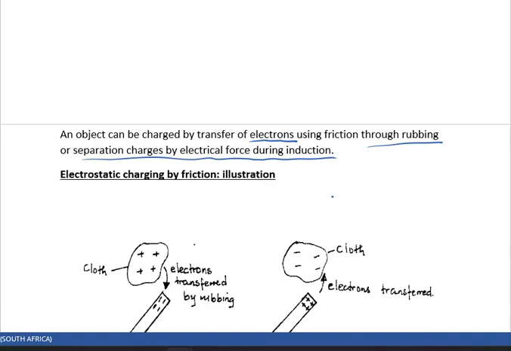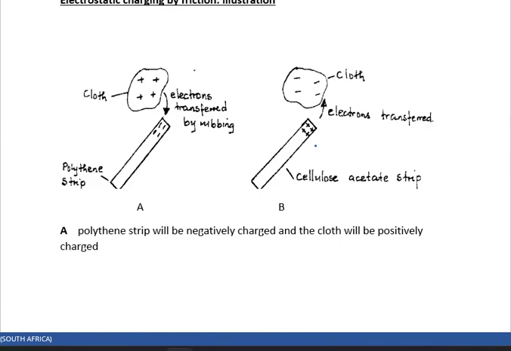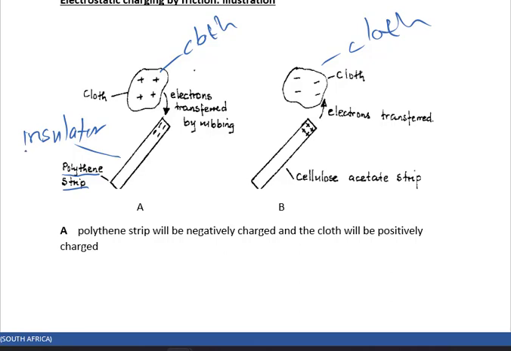So here we have a cloth, and we have two types of materials. The first one here is the polythene strip. It is an insulator. Insulator means that the object does not conduct electricity.